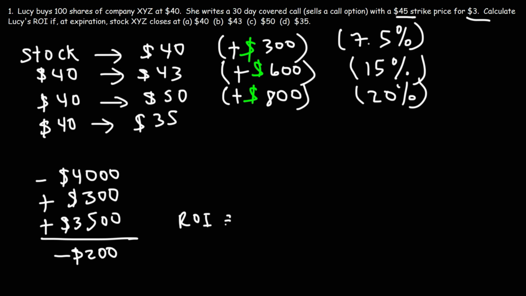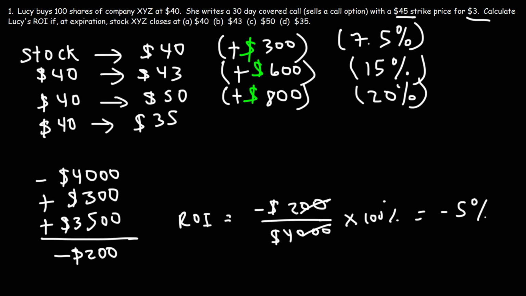So her ROI is going to be her profit, which is basically a loss of 200, divided by the cost of investment, 4,000, times 100%. So this is 2 over 40 times 100. And so she's looking at a loss of -5%.